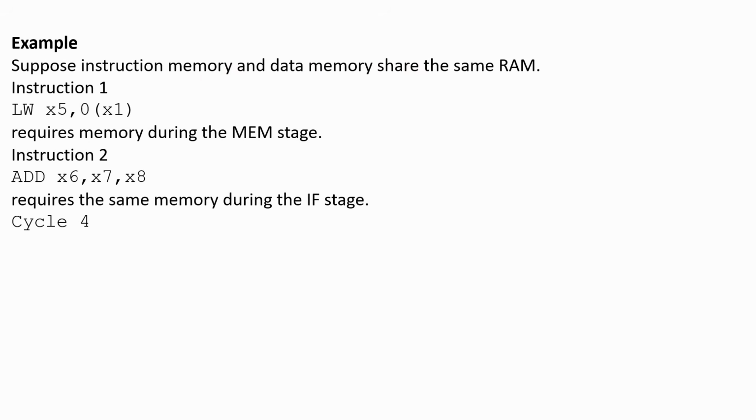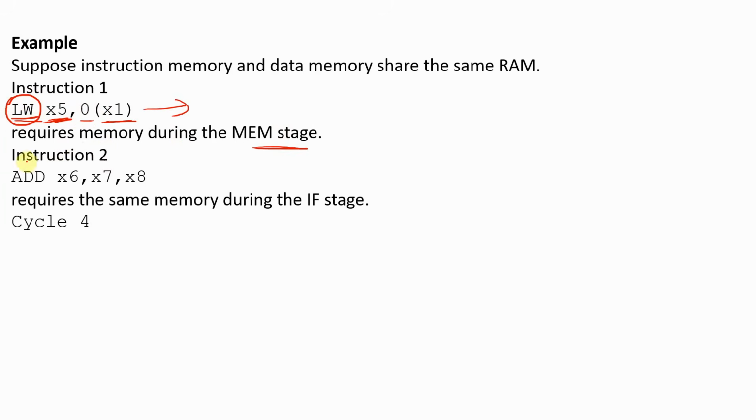For example, let's say instruction one is load word, LW, into register x1. This is an instruction which requires memory during the memory stage. Because it's a memory instruction, LW basically stands for load word, and we will discuss in great detail how to analyze an instruction later.